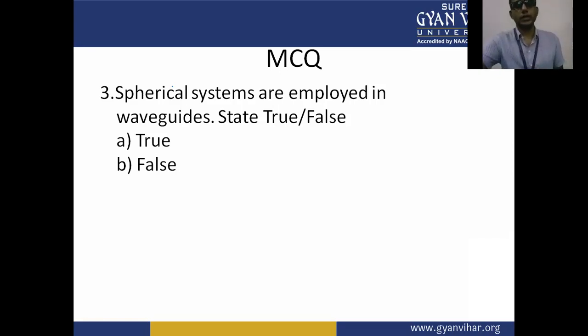We have already discussed in the last lecture that the cylindrical coordinate system is generally used in the waveguide. That is the cylindrical waveguide. In this question, we are asking whether spherical systems are employed in the waveguide.